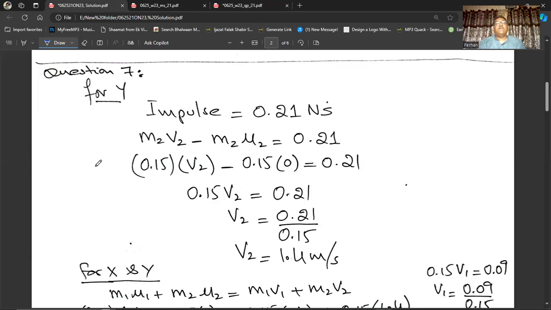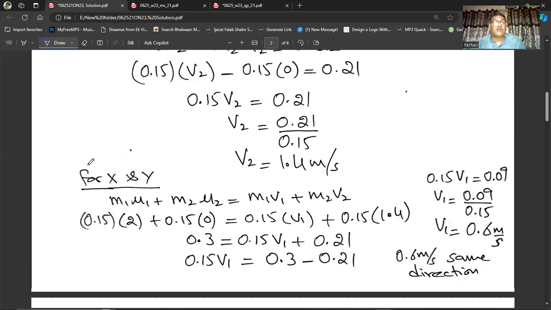So 0.15 multiplied by V2 minus 0.15 multiplied by 0 is equal to 0.21. So you will have 0.15 V2 equals 0.21. So V2 will be 0.21 divided by 0.15, and V2 will be 1.4 meters per second. Now, this is the velocity of the Y after the collision.